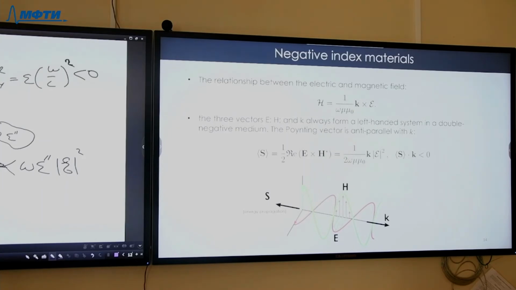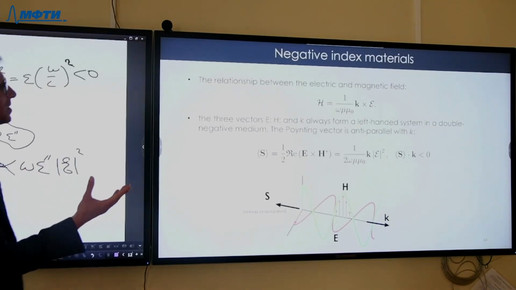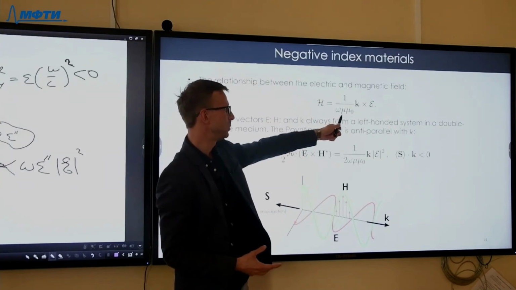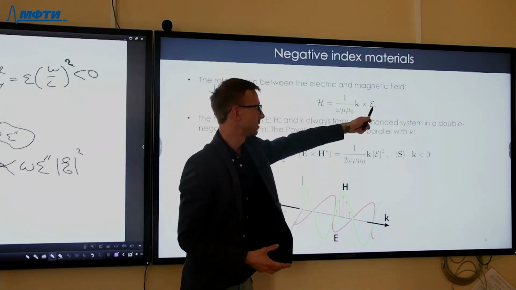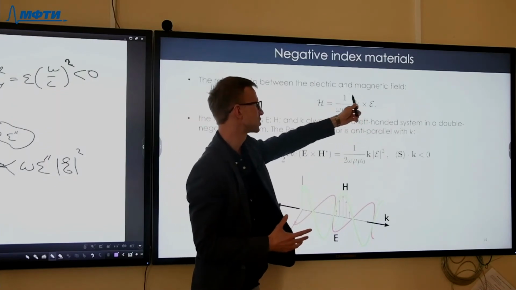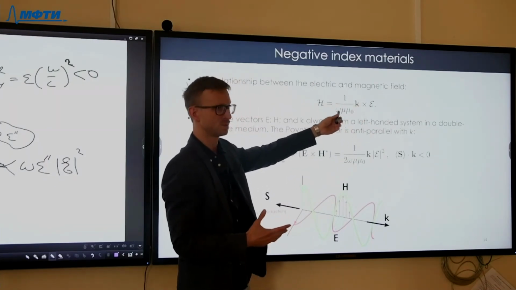So it is the fact that epsilon and mu are negative at the same time that leads to this left-handed triplet. You could ask, wait a second, what if mu was negative but epsilon was positive? So mu is negative, then these two are just some vectors, and this vector triplet should also be a left-handed triplet because mu is negative.